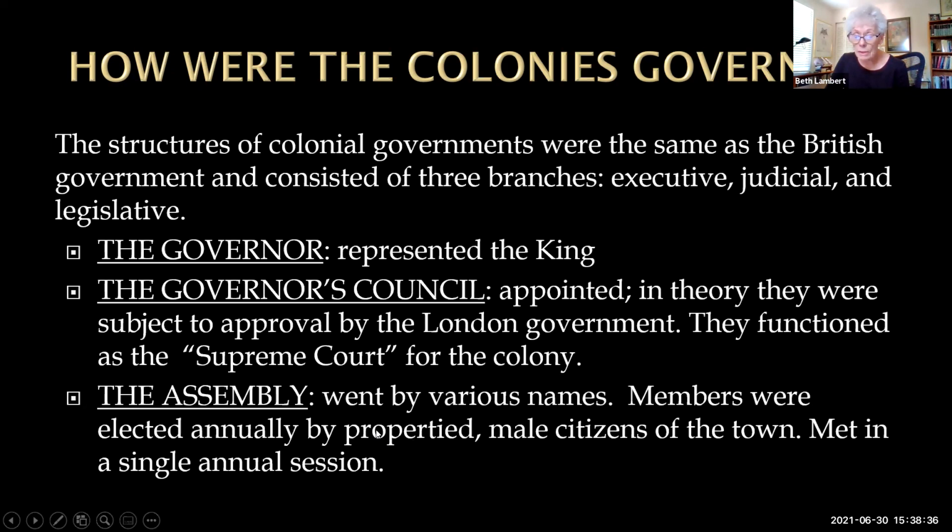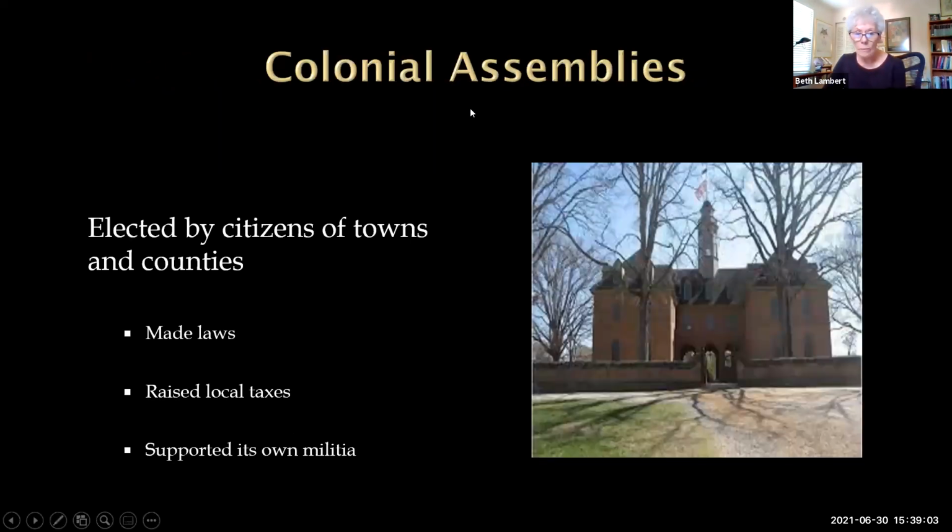So notice this is important because it figures predominantly in this fight, as the colonists talked about representation. They were elected only by propertied male citizens. The colonial assemblies in every town were elected by citizens of the town and the counties.